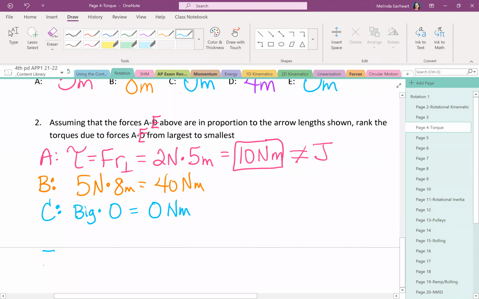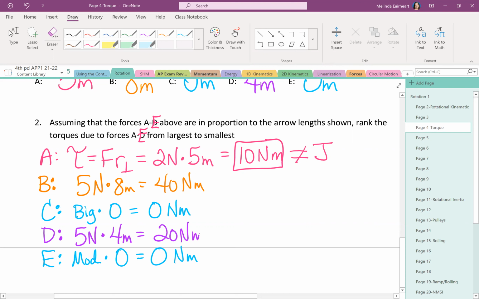And then E, leave a little space, had maybe moderate force times 0 lever arm, so it's got 0 torque. D, we use similar triangle and Pythagorean, 3, 4, 5 newtons was the hypotenuse of our force triangle, times the lever arm of 4 meters. So 20 Newton meters.